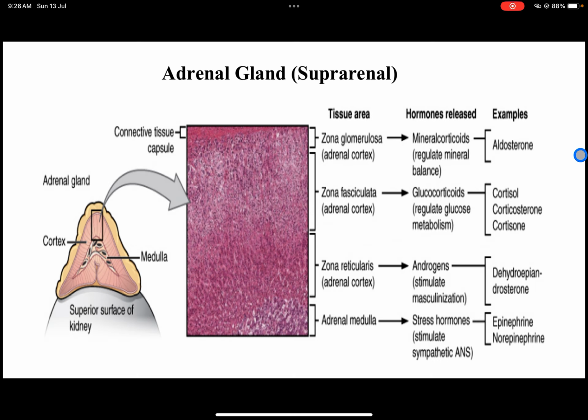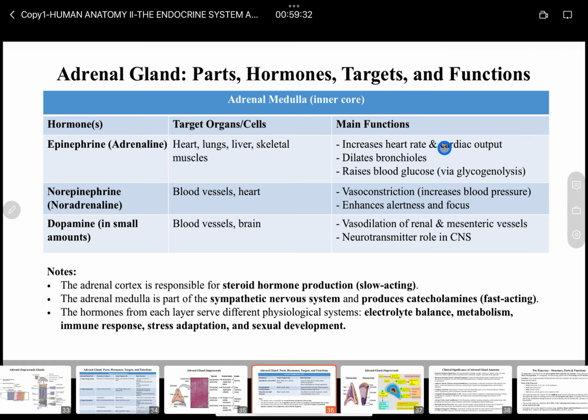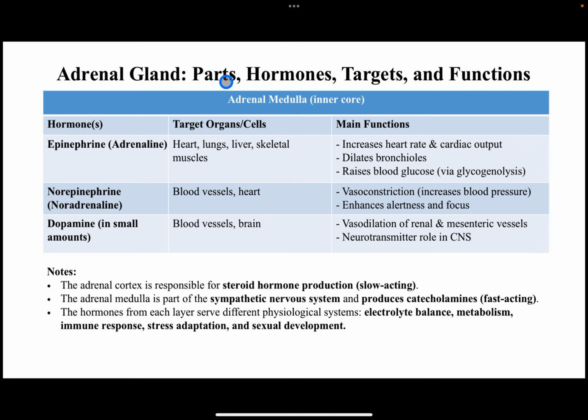So it promotes sodium retention or reabsorption in the distal convoluted tubules and the collecting ducts, and also promotes potassium excretion by the kidneys. All right, so now let's look at another diagram, a slide showing the adrenal medulla, the inner core of the adrenal gland.